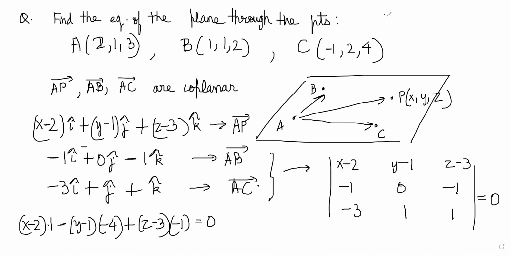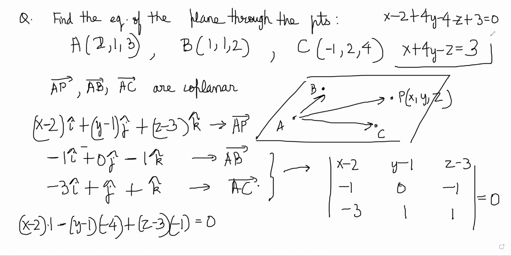So we get x − 2 plus 4y − 4 minus z plus 3 is 0. So x plus 4y minus z is equal to 4 plus 2, so 3. So this becomes your equation of the plane in this case, right? It's a very simple idea as long as you understand coplanarity, what is the meaning of coplanarity, right?